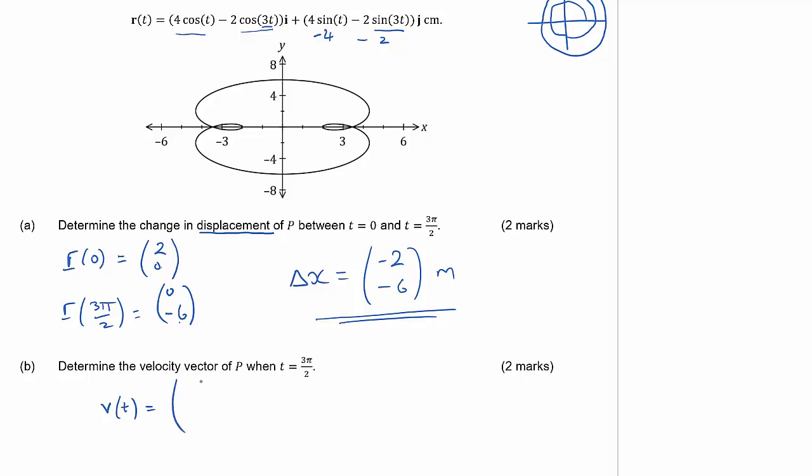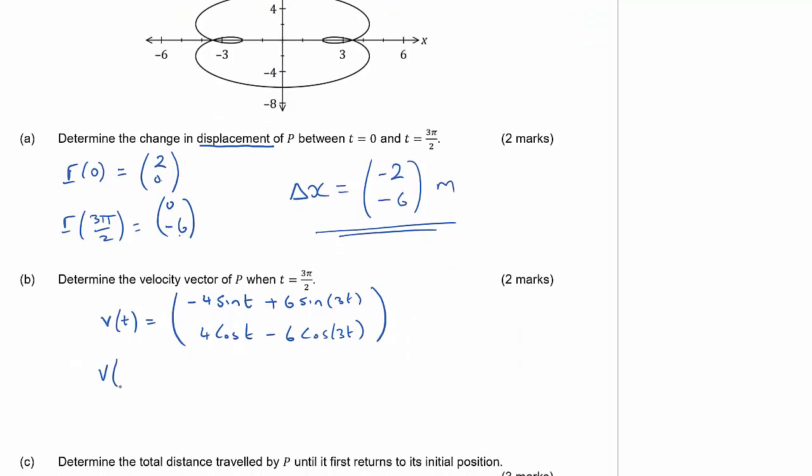So cos differentiates to minus sine, so that's negative 4 sine t, and then that's going to end up being plus 6 sine 3t, because of the 3 coming out, remember the chain rule, and then here sine goes to cos, so it's 4 cos t, and then that will be minus 6 cos 3t.